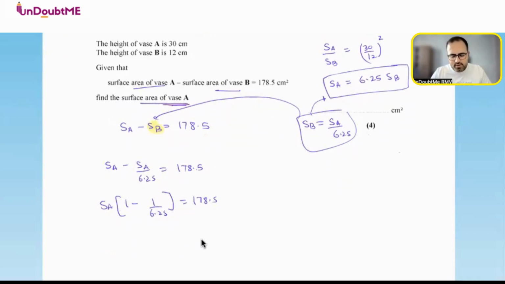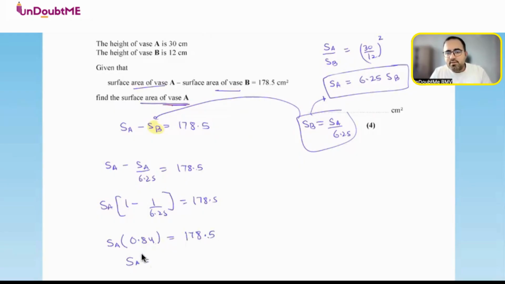So if I solve the left hand side, 1 minus 1 divided by 6.25, I will be getting 0.84. Okay, purely calculator. So just go ahead and use a calculator in such cases.